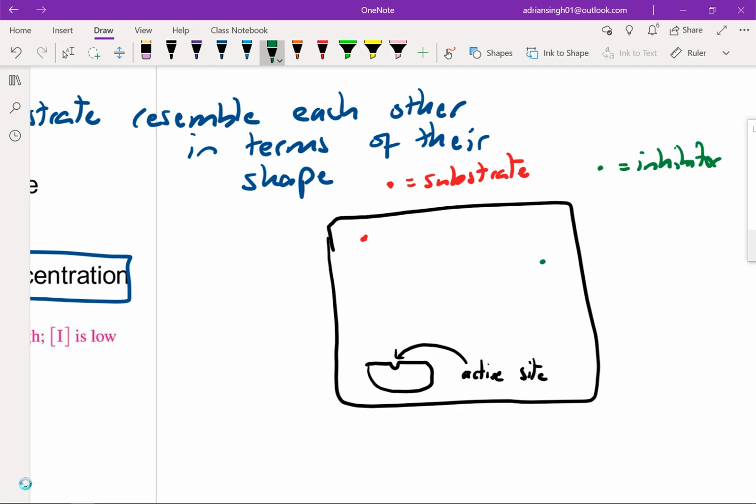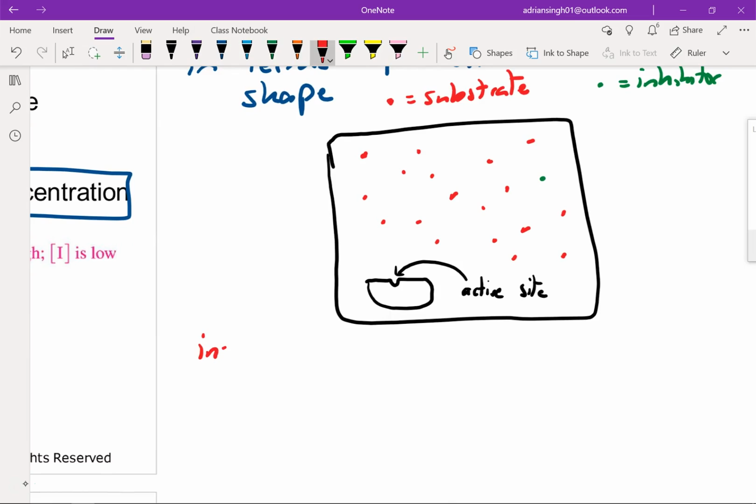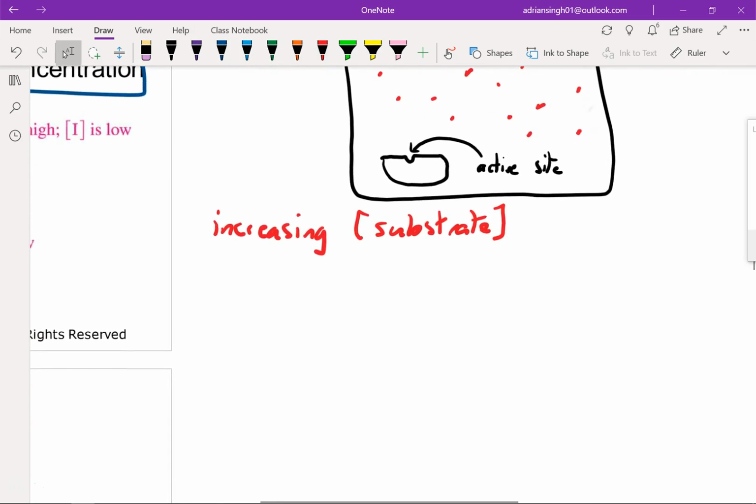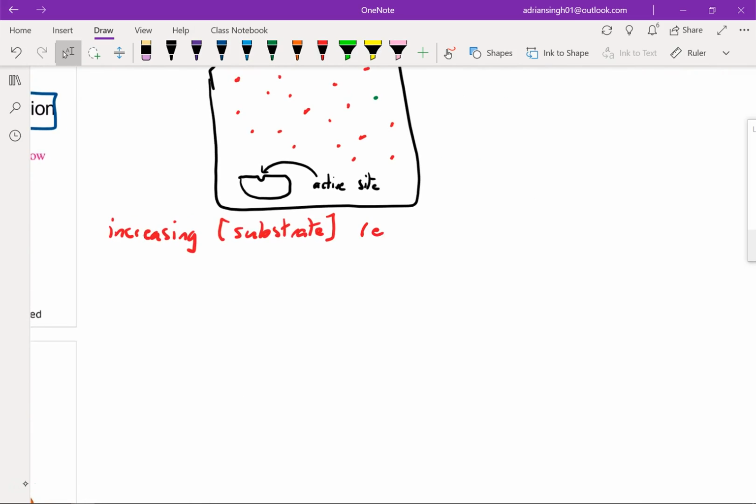So the way then that we can reduce the chances of the inhibitor binding is simply by having more of the substrate, right? So if we now have a lot more of the red dots, well, then the chances of binding the inhibitor decreases dramatically. All right, so increasing the concentration of the substrate reduces the effect of a competitive inhibitor, right?